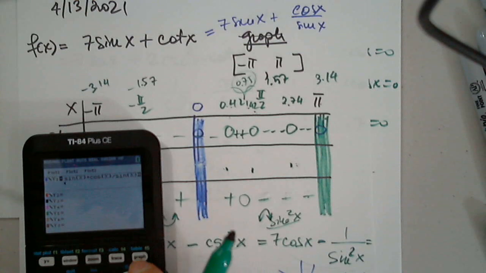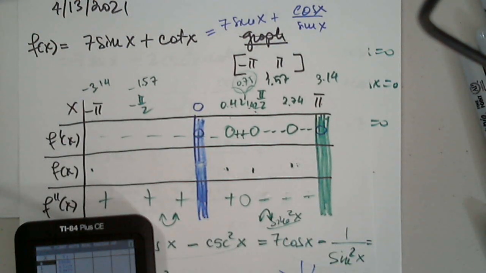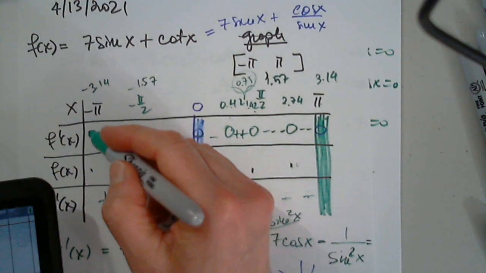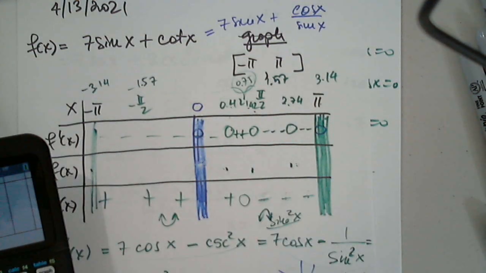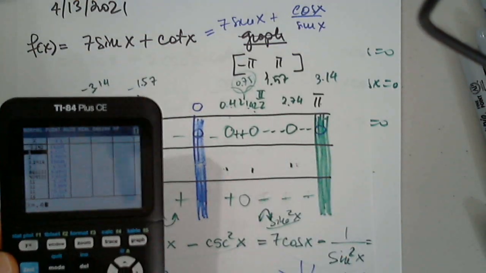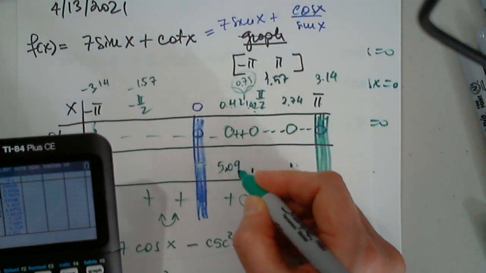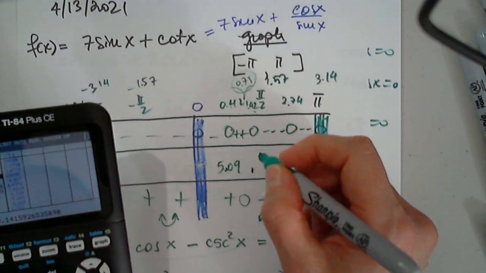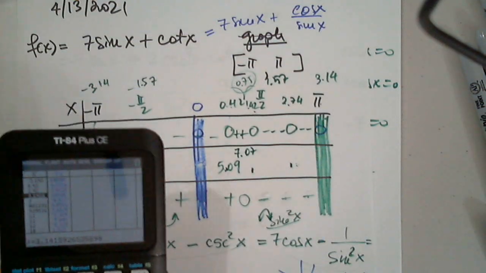Okay, so now second in table, and I just want to plug in negative pi. And yes, of course, that's also undefined at pi or negative pi. Correct. So I'm going to plug in 0.42. With 0.42, I have 5.09. With 1.42, a sigh of relief, 7.07.